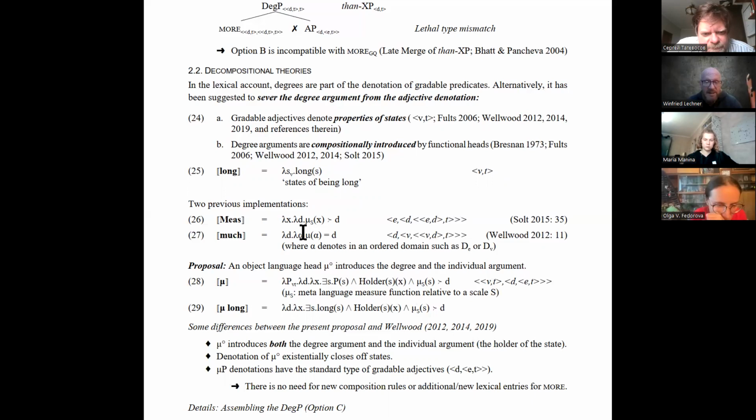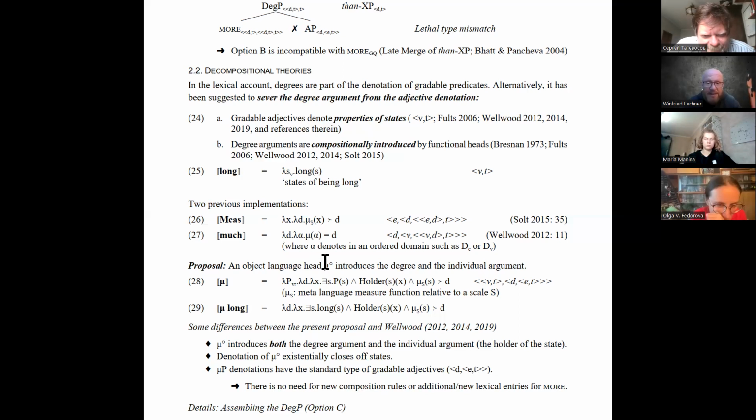Now, there are at least two proposals in the literature. I'm not going to go through the details here. I'm going to propose something which is given in 28. It's a condensed version, a variant of what has already been done. I call it the mu head.